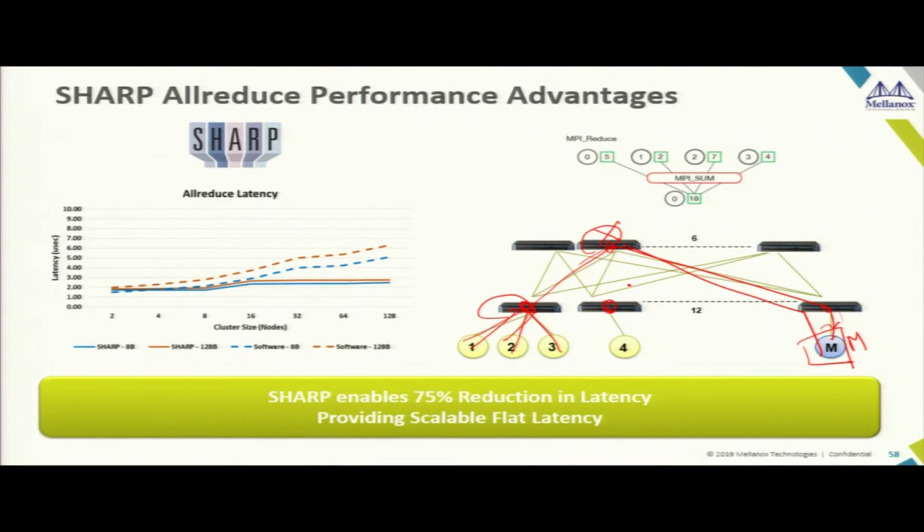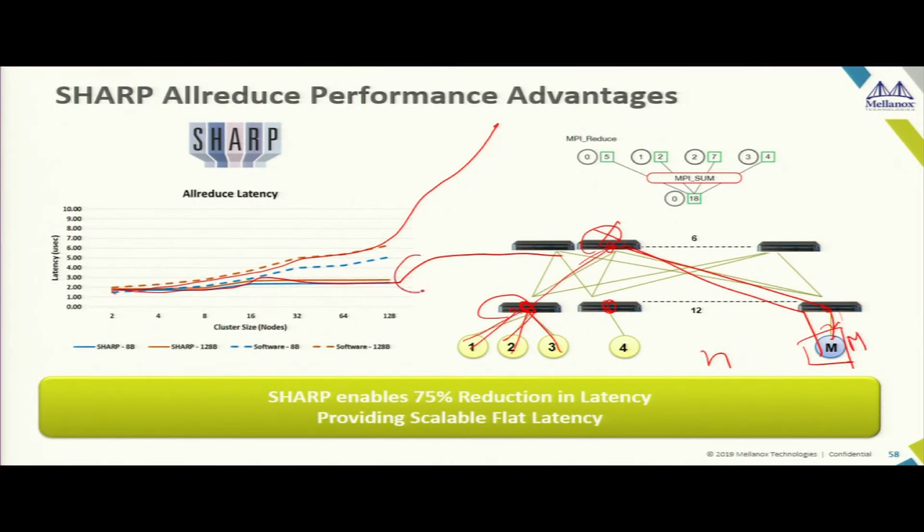Whereas earlier, traditionally, if you were running it in C code, it was an n-step process, where n is equal to your number of servers or number of processes. So now, as your cluster size increases, instead of your all reduce latency going exponentially up, you have an almost flat latency.